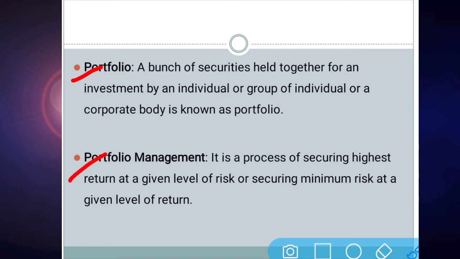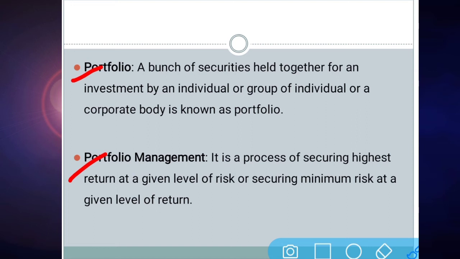And then comes portfolio management. When I have invested in various companies, the prices in the stock market are dynamic in nature. They keep on changing every second, and these changes will bring either profit or loss for my portfolio. So in portfolio management, I want to secure maximum return and I want to reduce my risk.